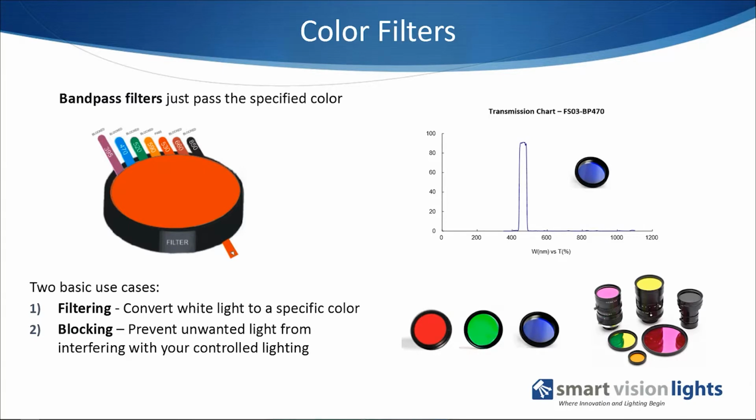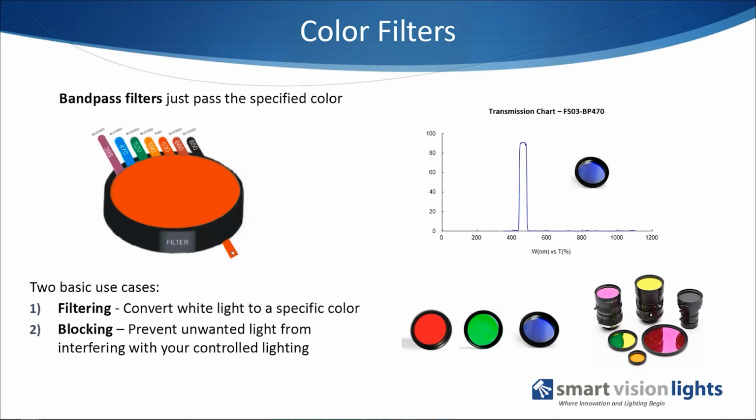Color filters are typically called bandpass filters, and what you see is they tend to pass just a specific color. So we have an example of a blue 470 nanometer filter there on the top right, and you can see from the chart that all light is blocked except the narrow light in that blue area. 470 is a light blue color.